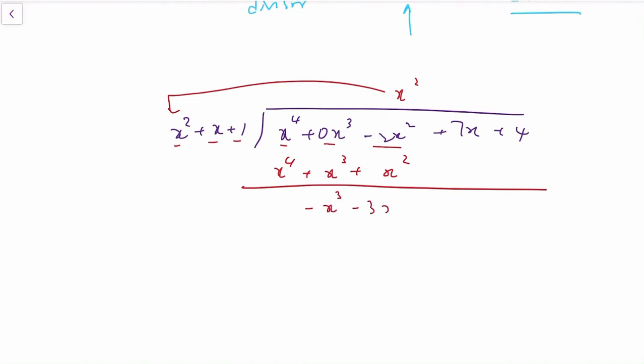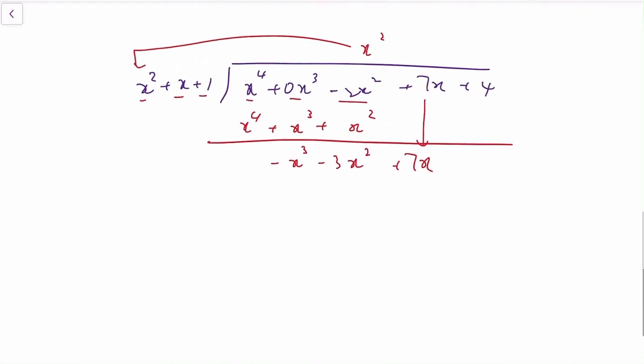And then negative 3. Then, same thing, pull down 1 term. Then you can go on. This time you would stop when the power you get after subtraction becomes power 1, because power 1 is already lower than x squared.